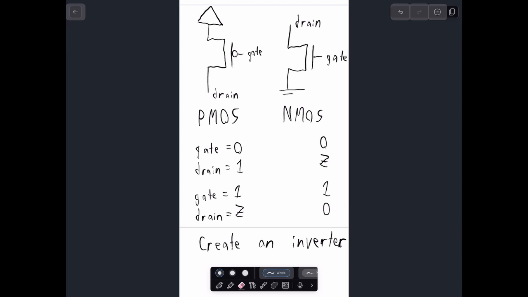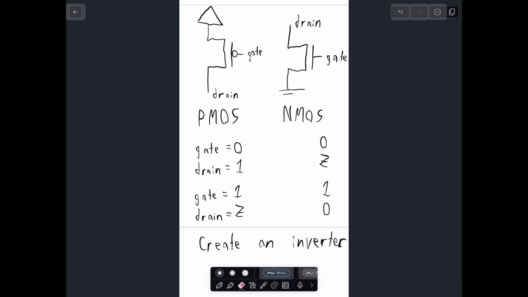Let's double check though, because maybe something weird happened. Let's say that we have 0, 0. So 0, 0 should output 1. We've already established that this works, so this is currently outputting 1. But we definitely do not want this to output 0, because if this is outputting 0 and this is outputting 1, then we'll have a direct tie from ground to your power supply, and that would be bad.